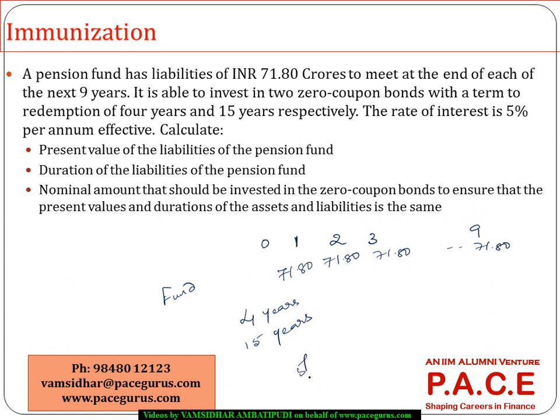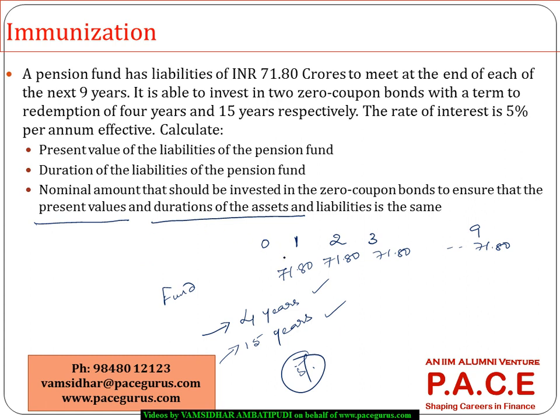Assuming the interest rate is 5% effective, how do I find out how much proportion needs to be invested in this bond versus this bond? What should be the face value of this bond versus this bond to make sure that, of the rules, the first, the present values, and the second, the duration of the assets is the same as that of the liabilities.